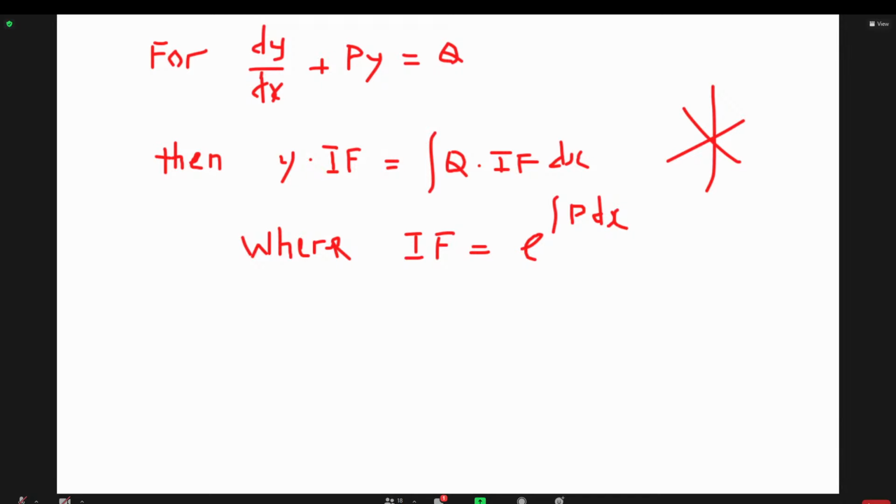Okay, so let's see if we can get it mastered. dy/dx plus 3y is equal to sine x.